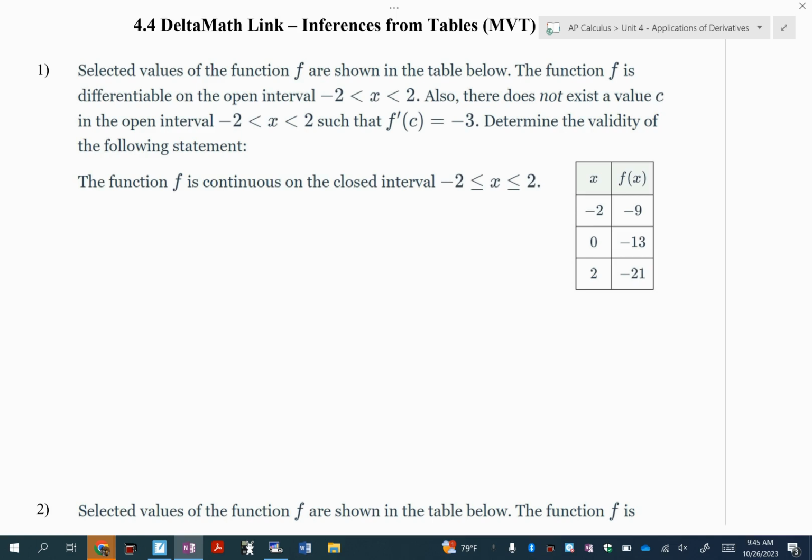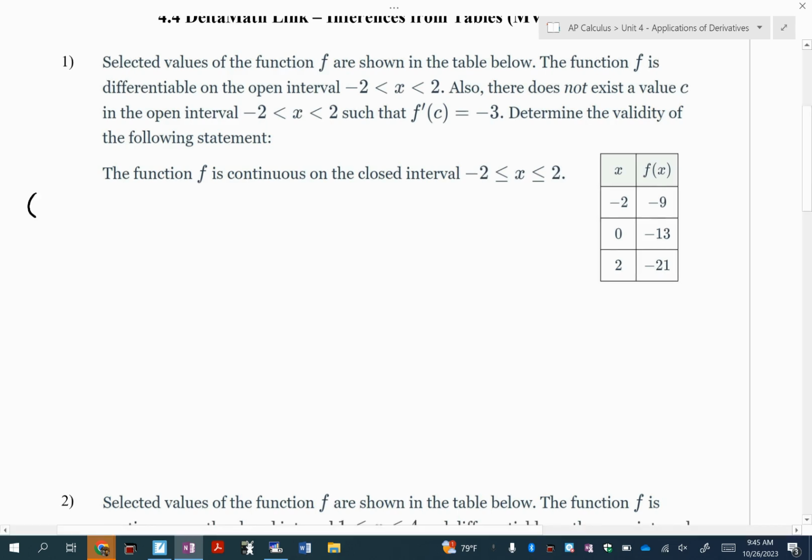Okay, so what I'm going to do is start with my endpoints. So -2, -9, and 2, -21. Let's find that slope. Okay, -21 minus a -9.